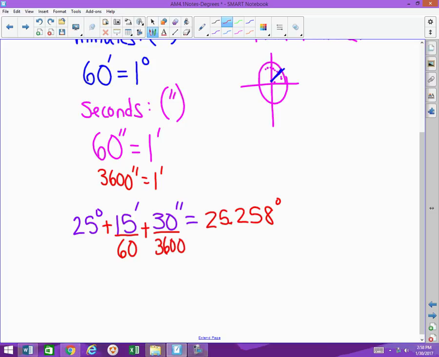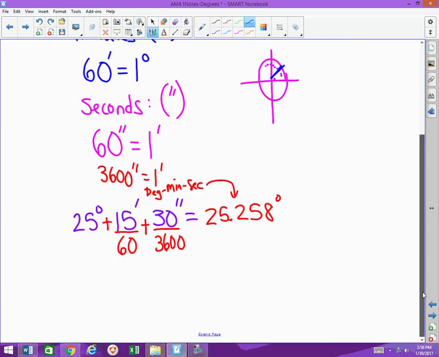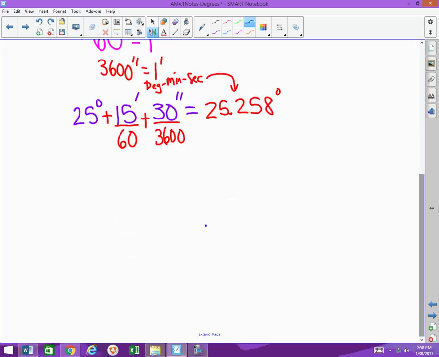So that is how you convert from degrees, minutes, seconds to decimal form. You can also convert the other way, from decimal form to degrees, minutes, and seconds.